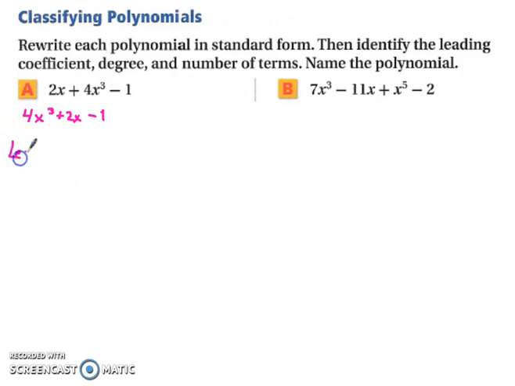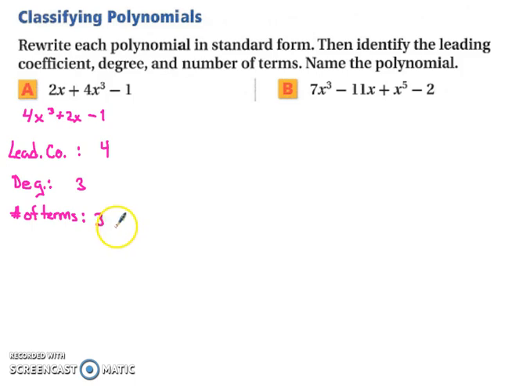So our leading coefficient is 4. The degree is going to be 3, since that's our largest. And the number of terms is going to be 1, 2, 3.